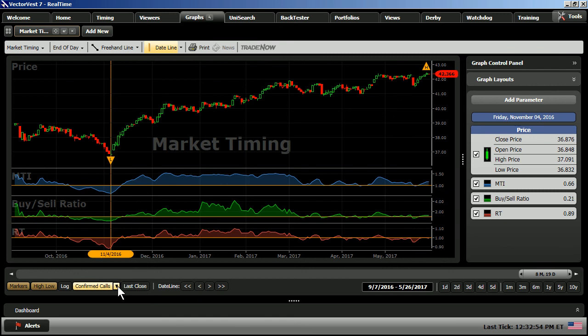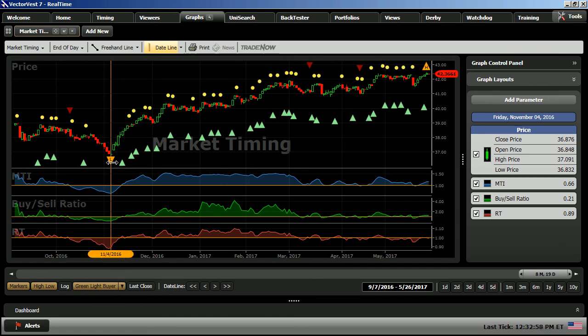Let's move our calls from confirmed call to green light buyer. The first green light coming off of the bottom occurred on 11/11 of 2016, and this is the date that we're going to use buying off of the bottom to test those leveraged and non-leveraged ETFs. So we got in on that green light.